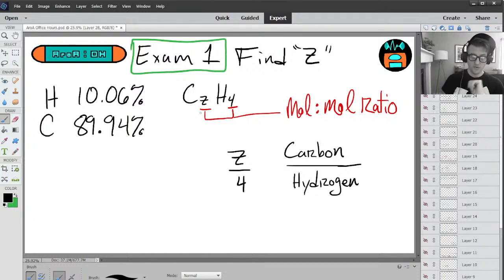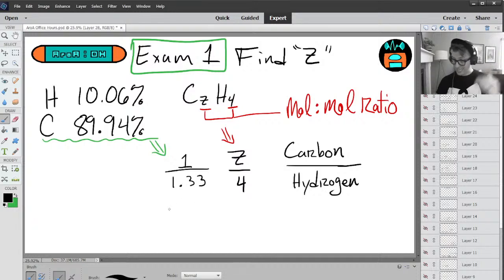That comes from our formula. But we also know, coming from our percentages, that the ratio of carbon to hydrogen we just calculated is 1 over 1.33. And these two are equal. They're the same ratio.